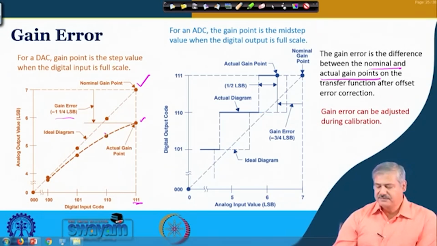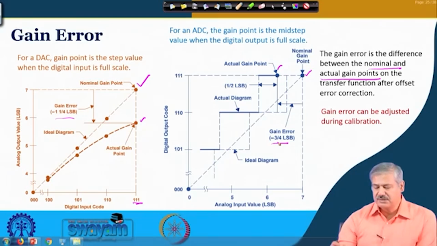For the ADC, this is again the nominal gain point, but for this ADC you can see that the actual gain point has come over here, right. So it has reached this place, right. So this is the difference, that is the gain error, and if you calculate you can see that this is minus, for this particular example, minus 3 by 4 LSB. Okay.